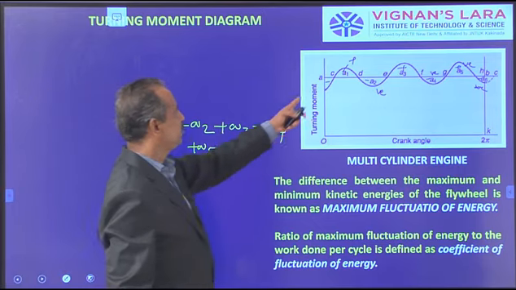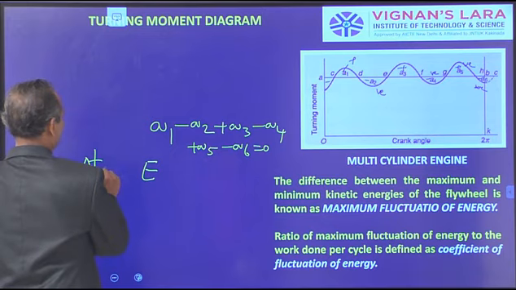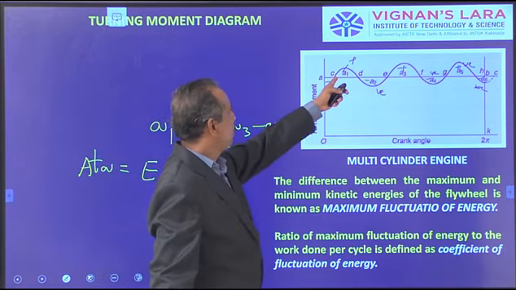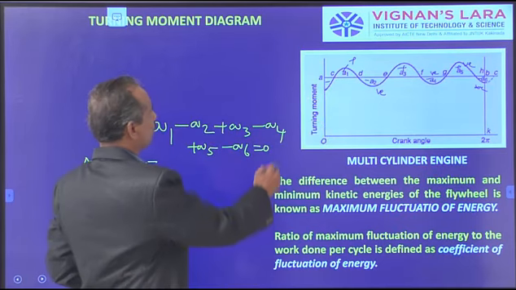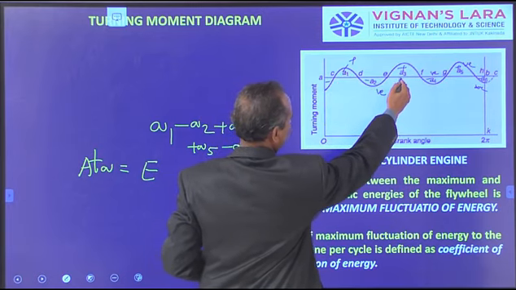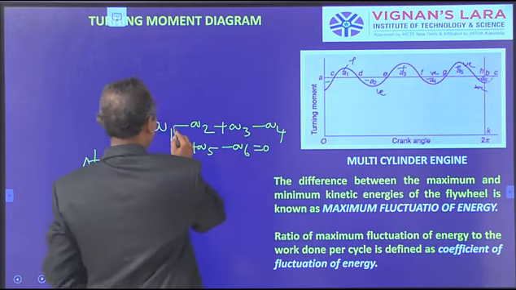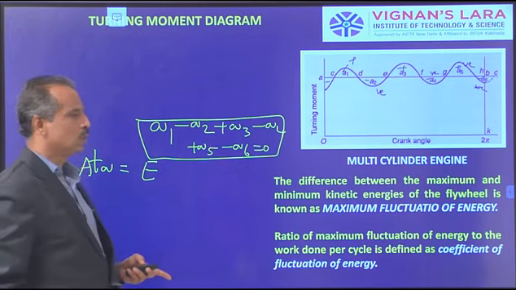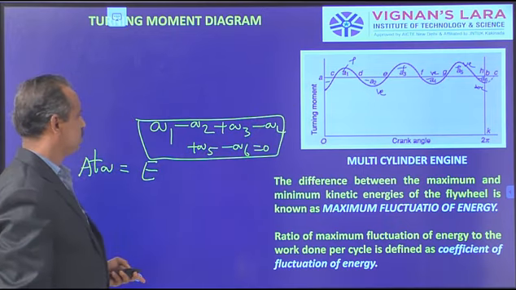The energy at point A is equal to E, and at the next points, adding one by one, E plus A1, E plus A1 minus A2, E plus A1 minus A2 plus A3, like this. All these areas will sum to 0. The sum of the areas above and below the mean line is 0.